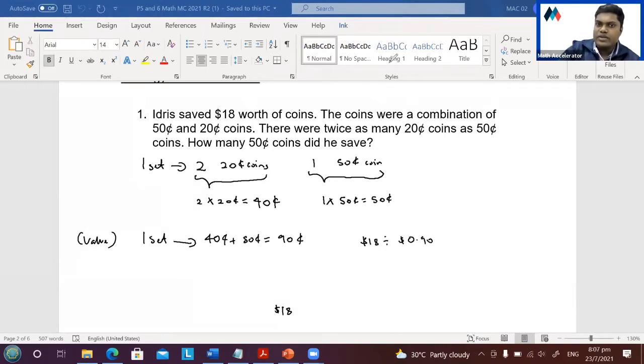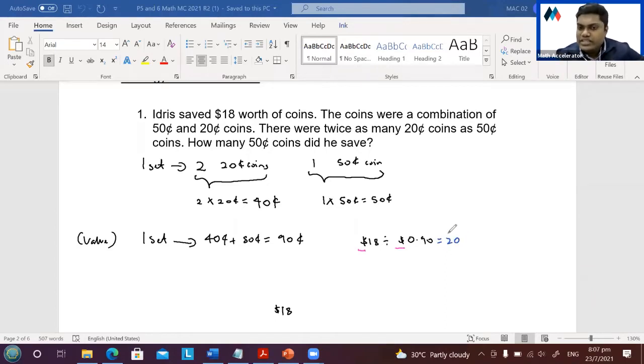When you're dividing, they have to be in the same unit. So please take note: don't take 18 then divide by 90. Take 18 divided by 0.9. What's 18 divided by 0.9? You can use a calculator. You will get 20.